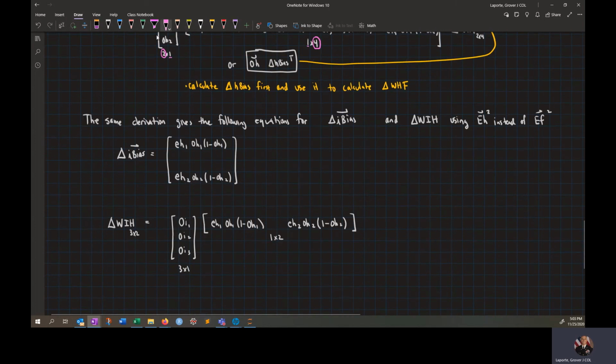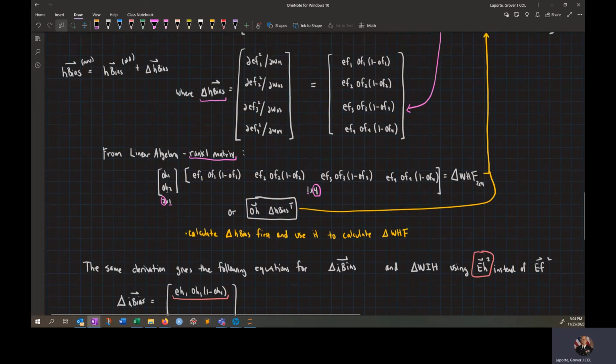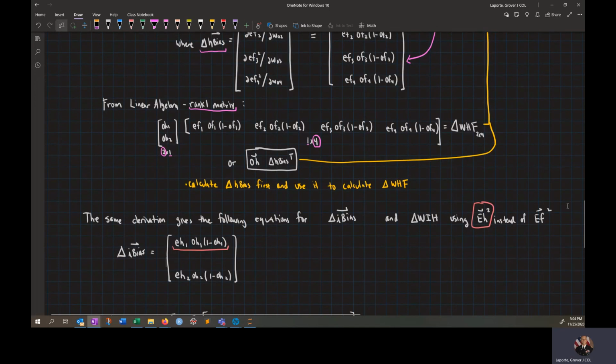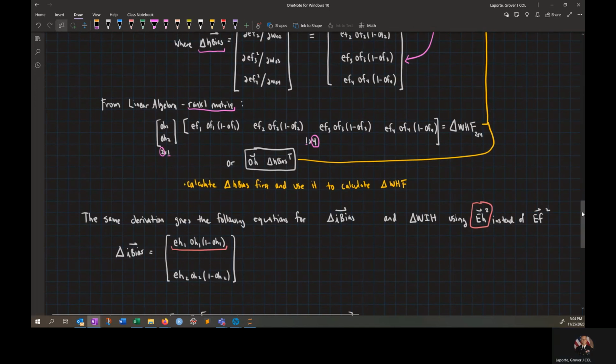And then if you use the same derivation, remember what we're doing is we're going backwards and we're using EH squared for this next piece instead of EF squared. If you did all the partial derivatives and whatnot, you would find out that delta H bias actually looks very similar to the other one.